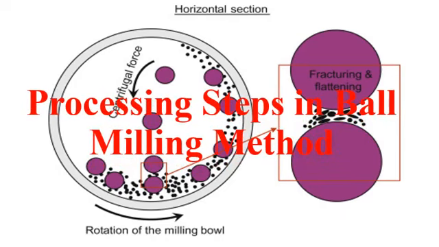So dear student, let us discuss the processing steps involved in the ball milling method, like how we can prepare nanomaterial or fine nano powder. What are the processing steps required in order to prepare a fine nano powder using a ball milling method?